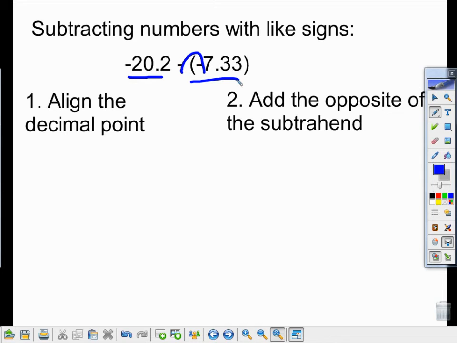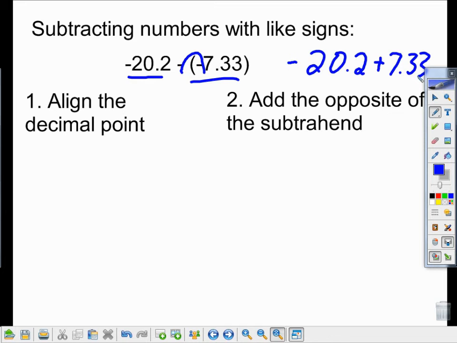Now, just to make things a little bit easier, I'm going to write it right here. Negative 20.2 plus 7.33, or 7 33/100ths. Which one's bigger? Well, 20.2. So we're going to go back to the basics once again. Align the decimal point.